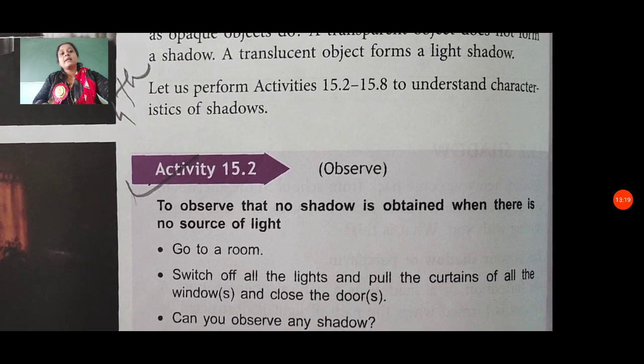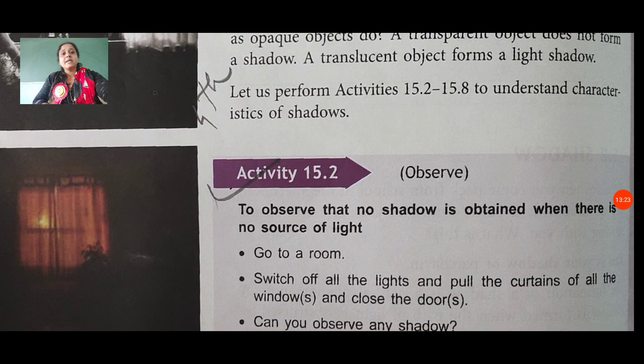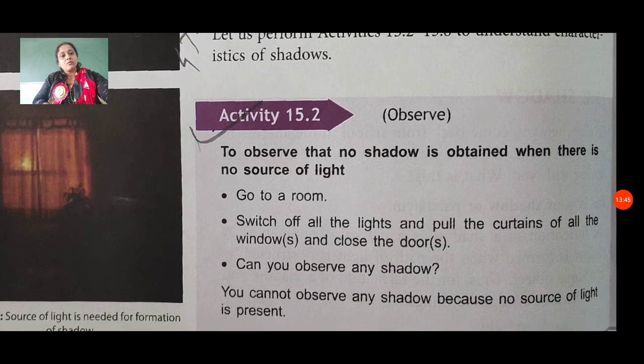First, we have activity 15.2. In this activity, we observe that no shadow is obtained when there is no source of light. First, try to do this activity at your home. Go to a room. Switch off all the lights, pull the curtains over all the windows and close the doors. Can you observe any shadow?